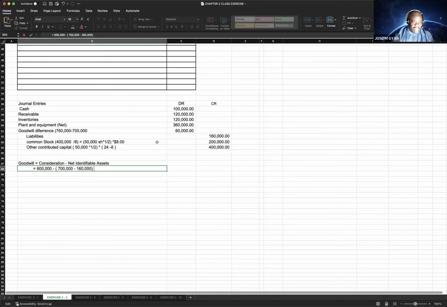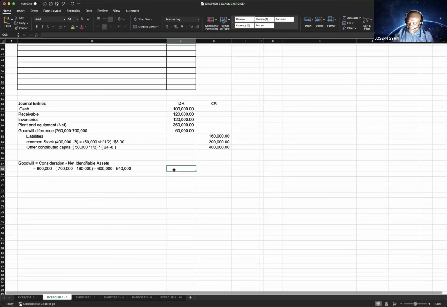So this means 600,000 minus 540,000, so the goodwill here is equal to 60,000. So either you add all the debit and credit to find your goodwill or the gain, or you use the formula to find out the goodwill or gain.